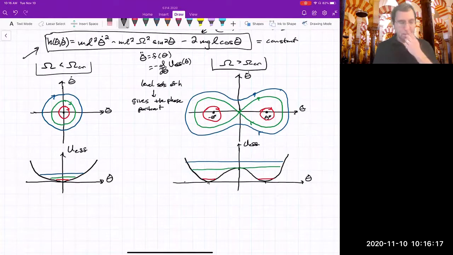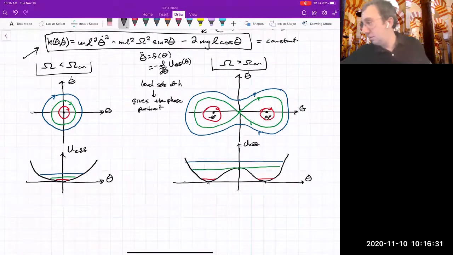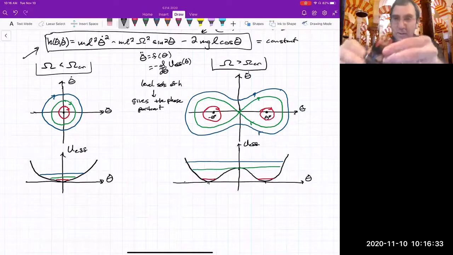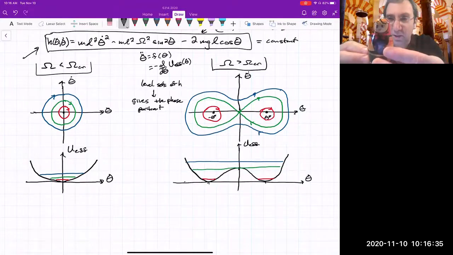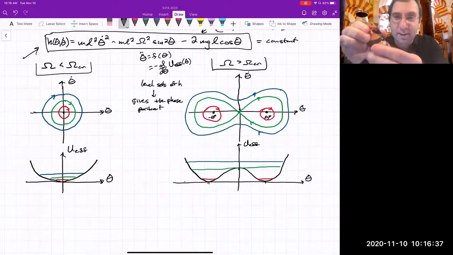H is more interesting if you've got some function of more than one degree of freedom, and then the level sets of H are not curves; they are hyperdimensional surfaces. I mentioned the layers of an onion. I also like to think of, look at this, a Russian doll, right? Inside, this is one layer.